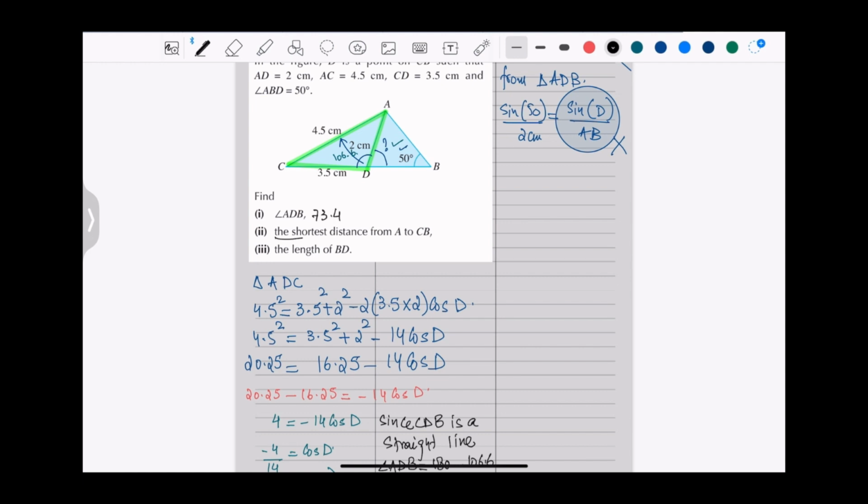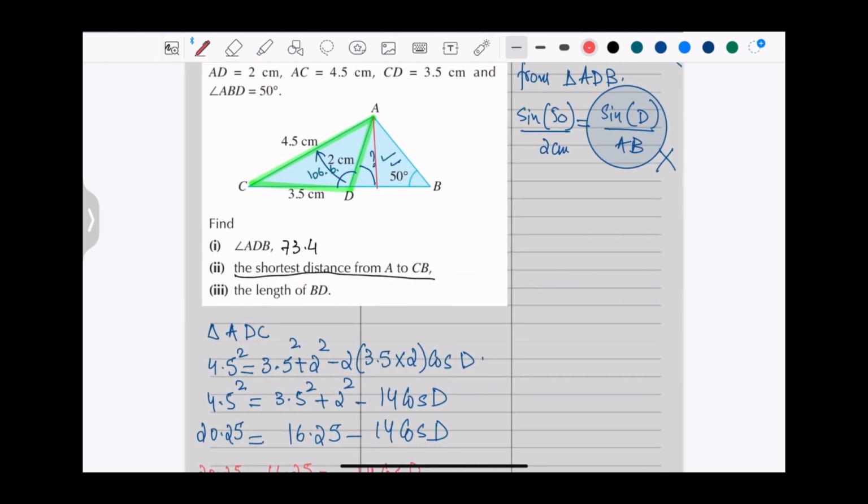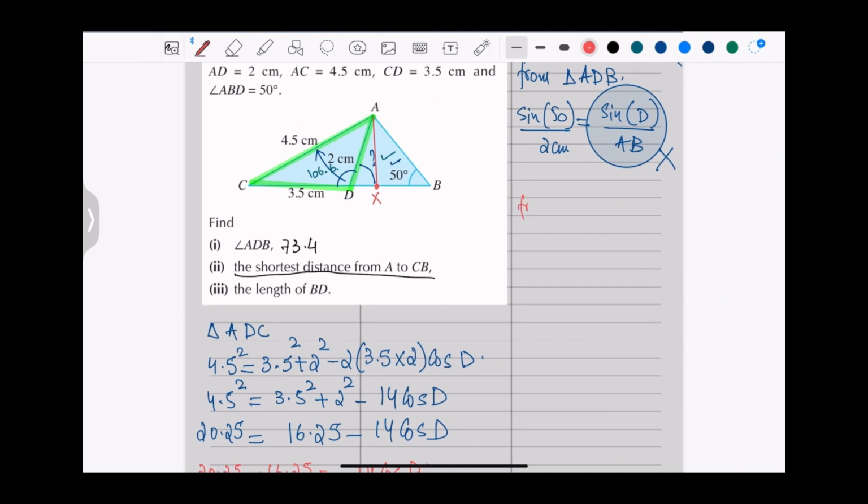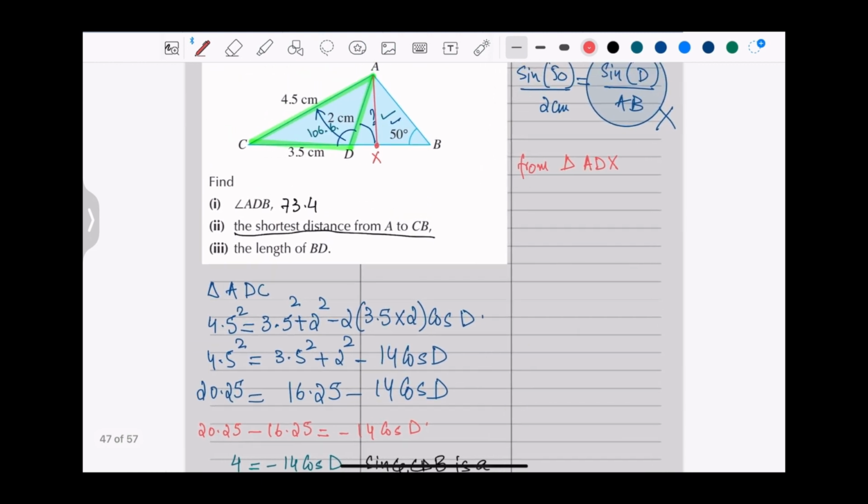The shortest distance of A to CB, this is the perpendicular distance. Now if you name this point X, and from triangle ADX, I have the angle which I just figured out as 73.4. The opposite side I need to find out, the red one, AX, and hypotenuse I have 2.